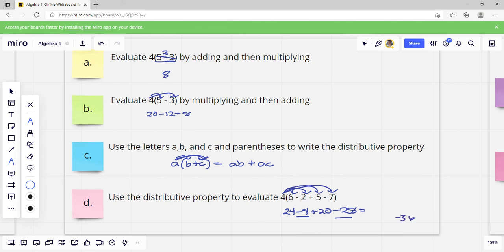And my positives would be 24 and 20, which would be 44. This looks like the exact same one we worked. So that is going to equal 8 as well.